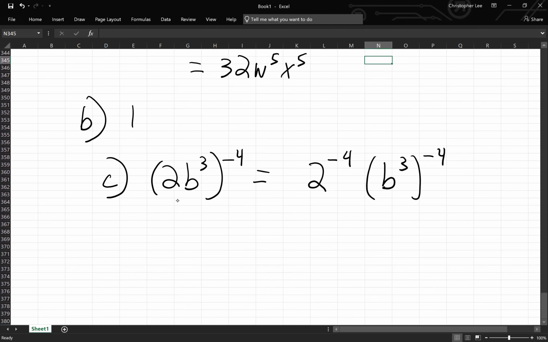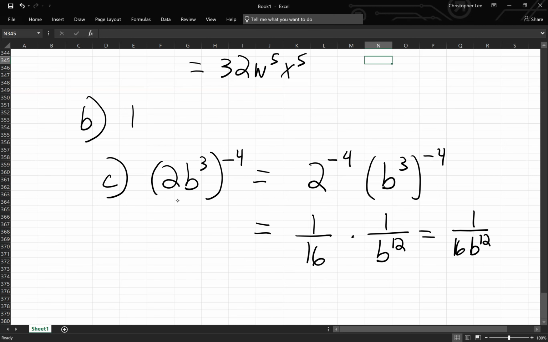And 2 to the negative 4 is what? You're close. 1 over 16. That sounds good. And then what about the b to the third to the negative 4? What does that become? 1 over what? B to the 12. Good, I like that. Right, put that all together. This becomes what? 1 over 16 B to the 12, right? Sound like vitamins over here. Okay. We good?